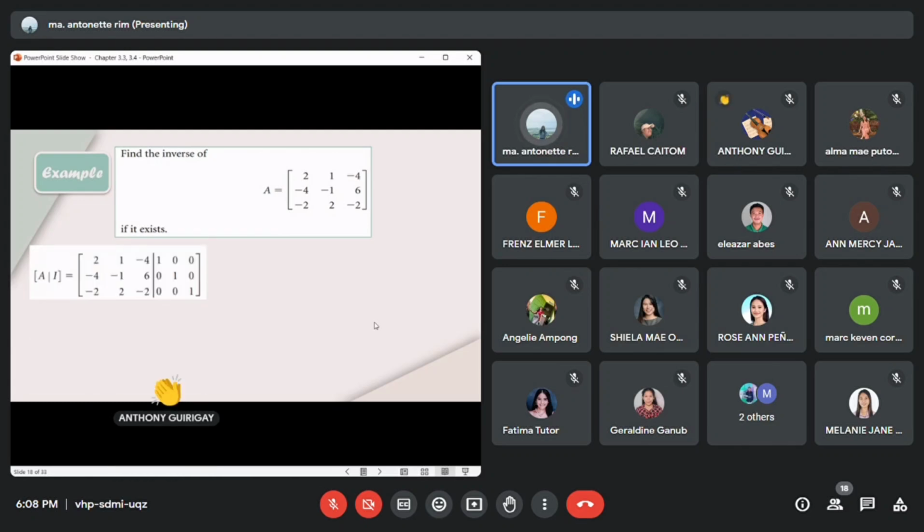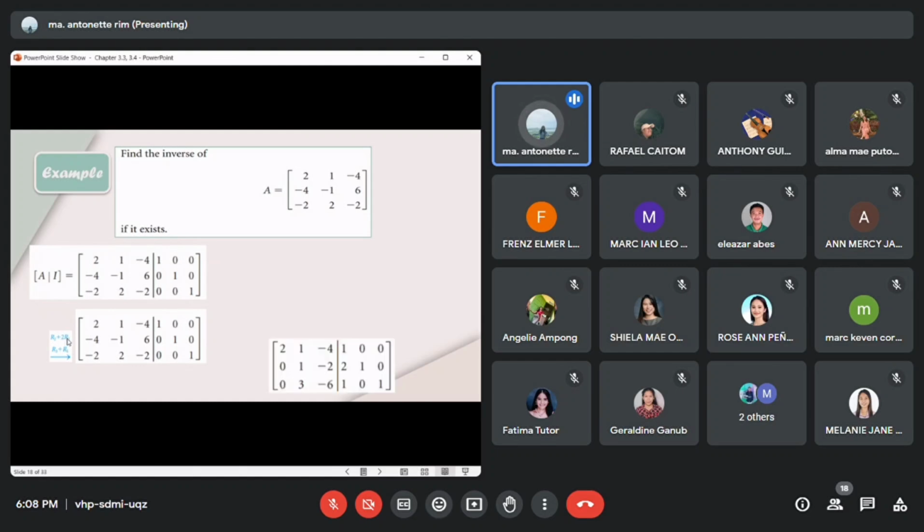Okay, so if we perform different row operations, dili siya nato mahimong identity matrix. So we perform different row operations. So row 3 minus 3 times row 2.